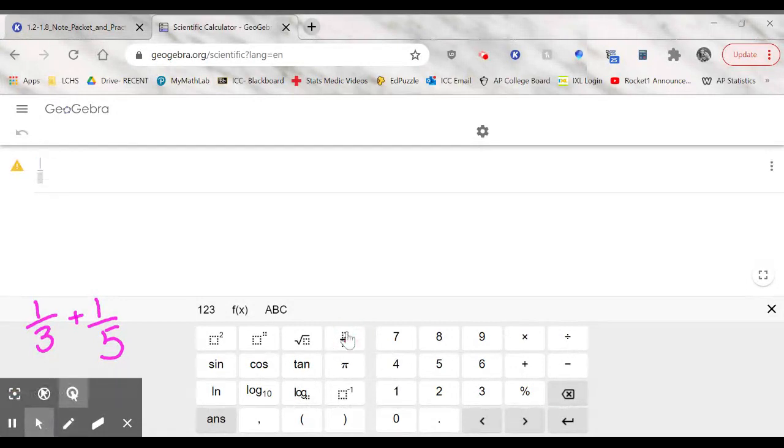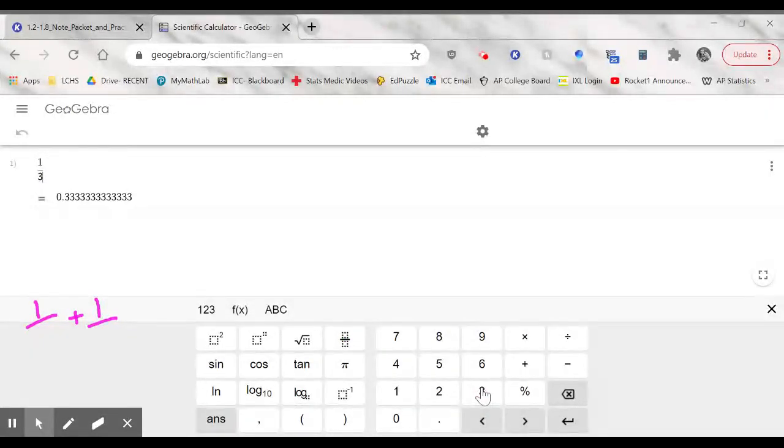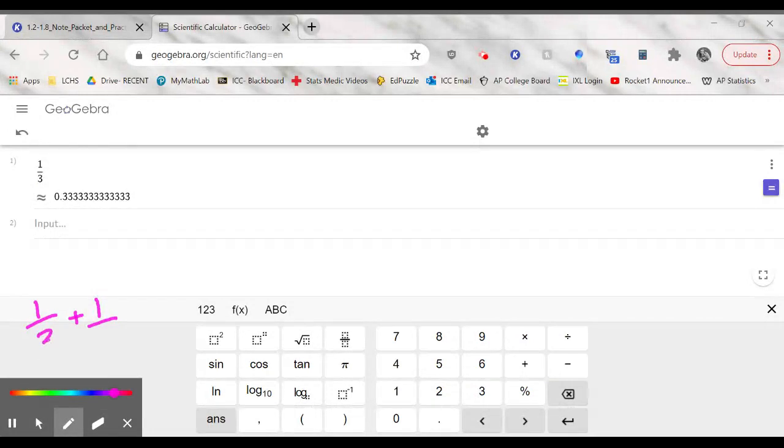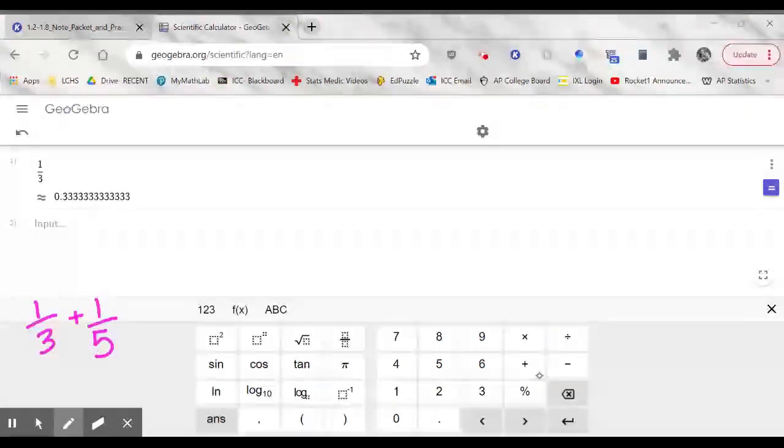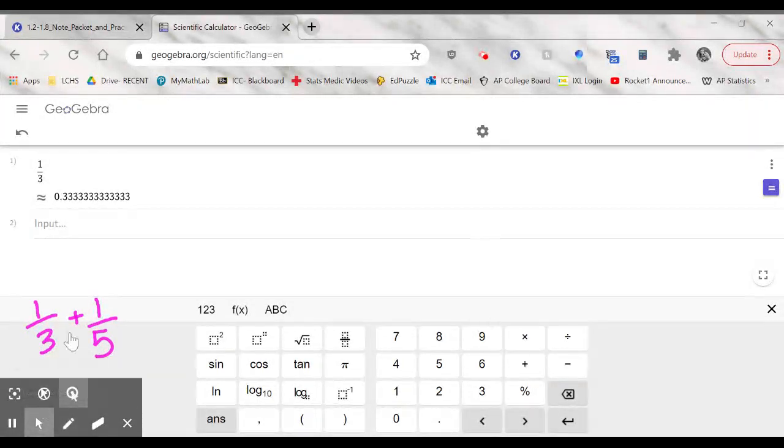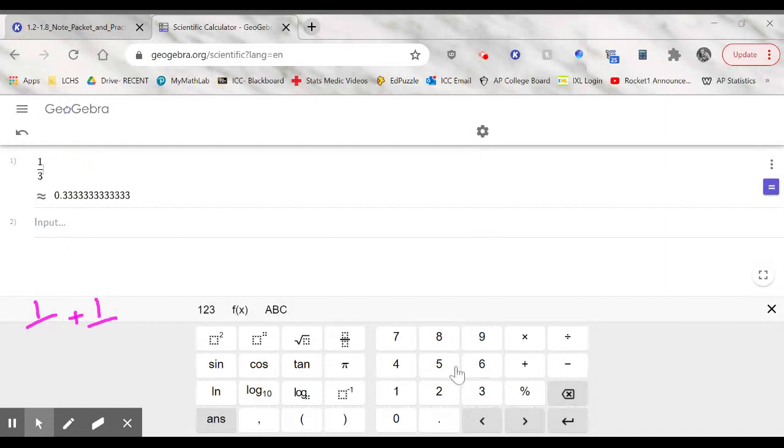I am going to first type in the 1 for the top. For the bottom, I'm going to type in the 3.